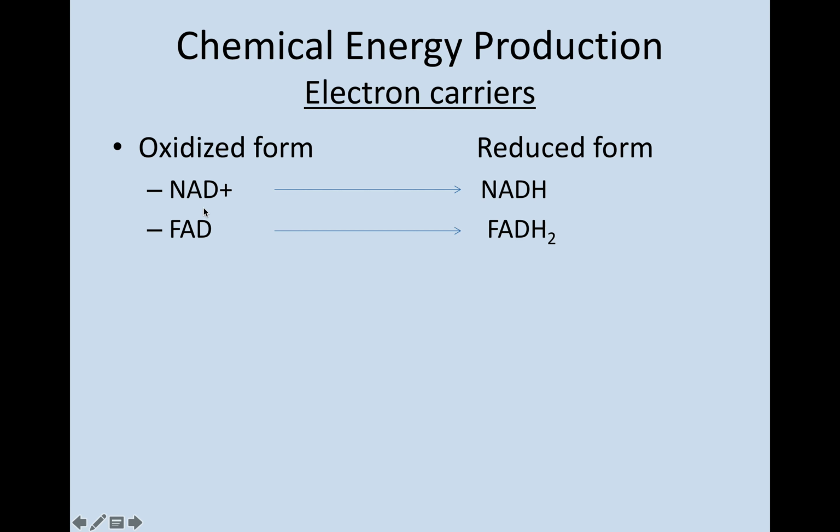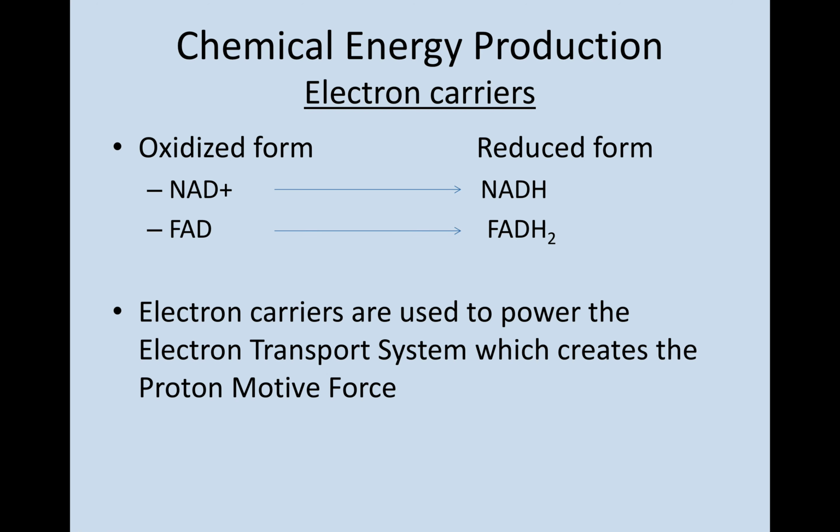These are the forms in which they pick them up, and this is what they become when they do pick up those electrons, and as you see, hydrogen as well. Like I said, I call these reducing power because they power the electron transport system, which will create what we call the proton motive force.